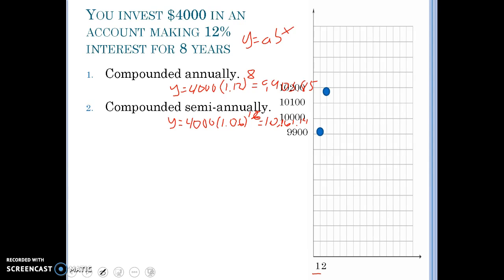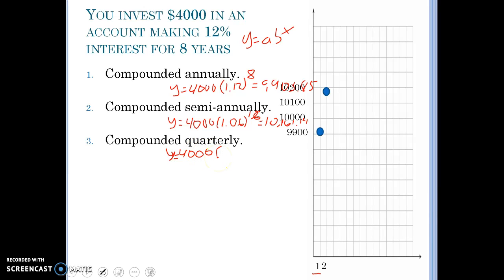So you go to a different competitor, a different bank, and they're like, well, if they're going to compound the money semi-annually, we're going to do it quarterly. Well, that means 4 times a year, they're going to give you 1/4 of the 12%. So we're going to start off the same way. We're going to have the $4,000 at the beginning.